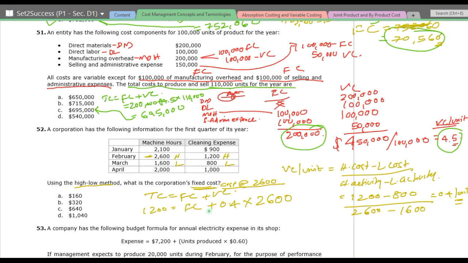So by solving this equation we get the fixed cost as 160, and the option is A.